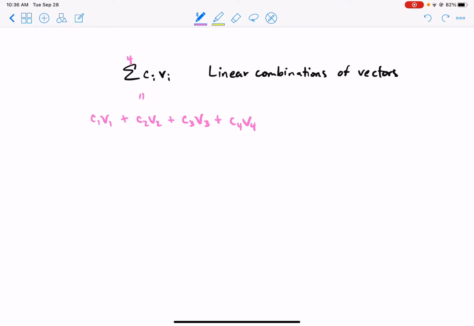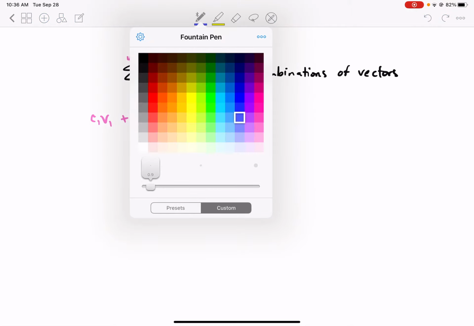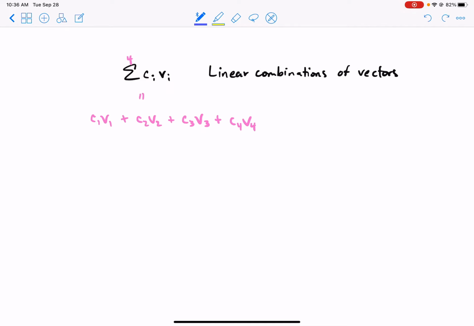And now, what could this really look like? So first, each of the c_i is a real number. They're the scalars. The v_i are vectors, and they could be in any R^n. So in particular, let's take n to be 2.